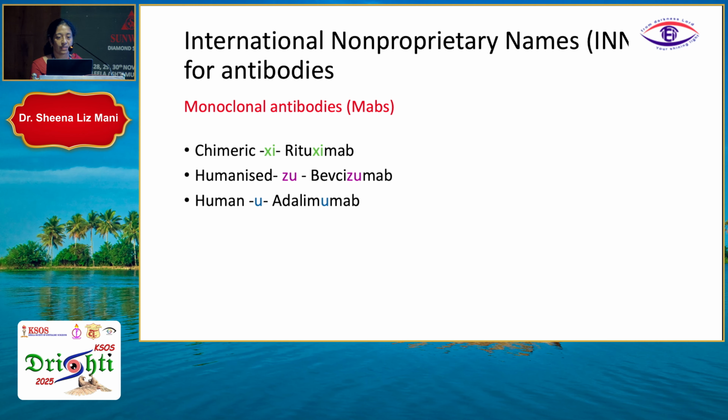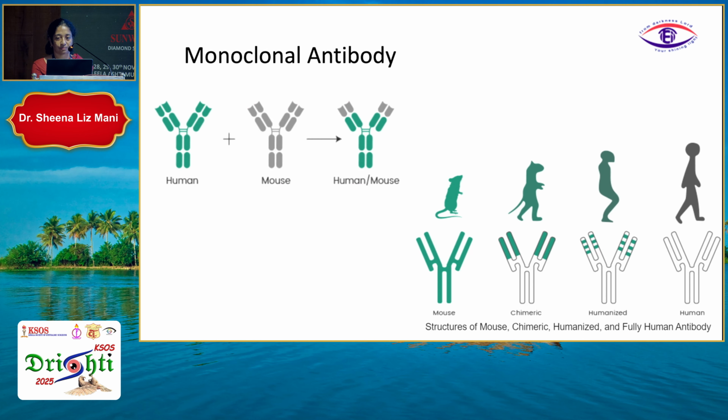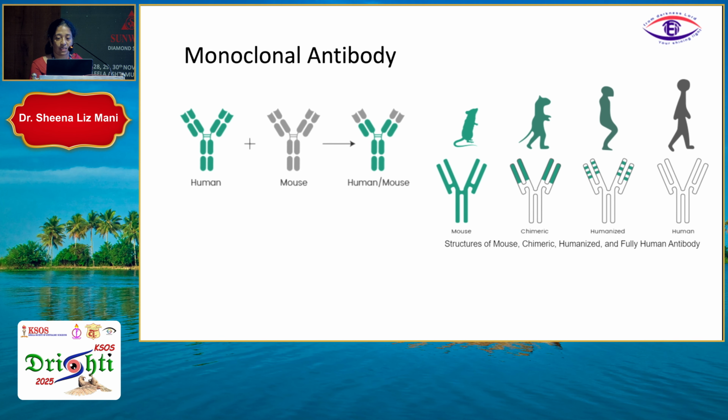Monoclonal antibodies, or what we all know as MABs, are basically of three types: chimeric, humanized, and human. A chimeric antibody is partly human and partly mouse. Humanized is more human, and fully human is almost completely a human-like antibody.